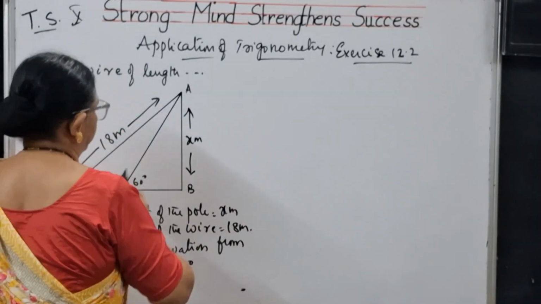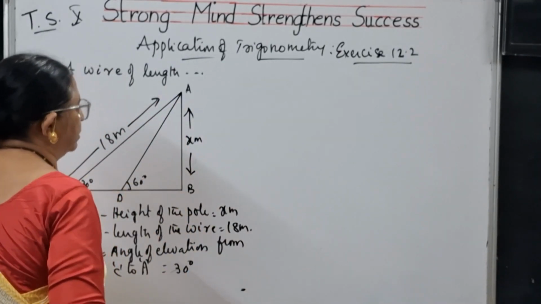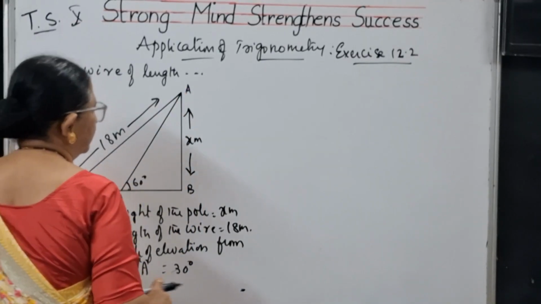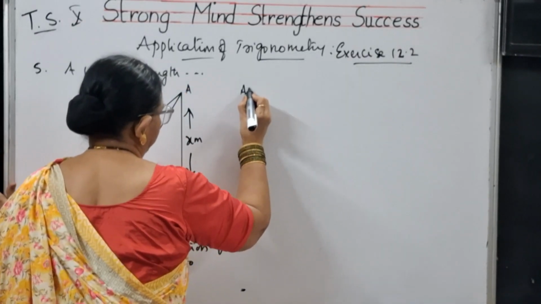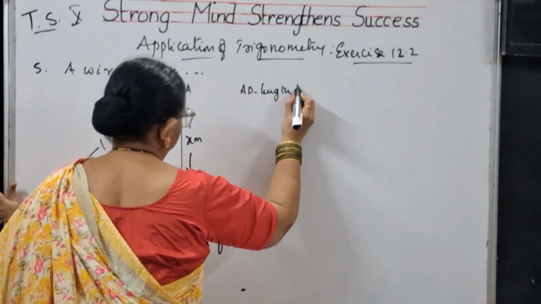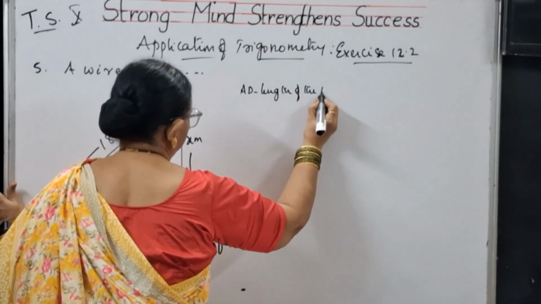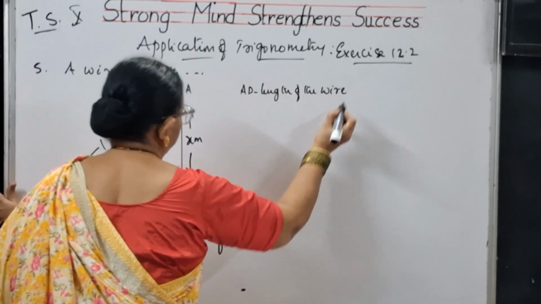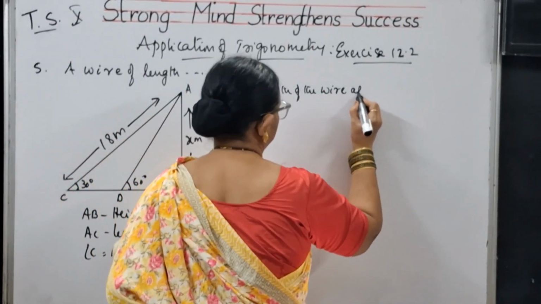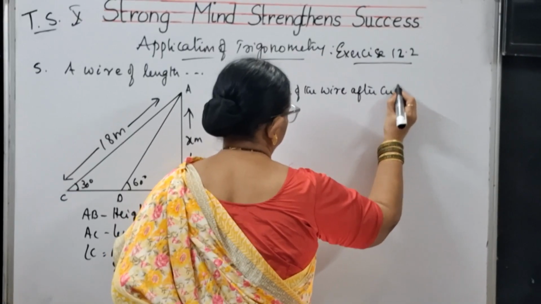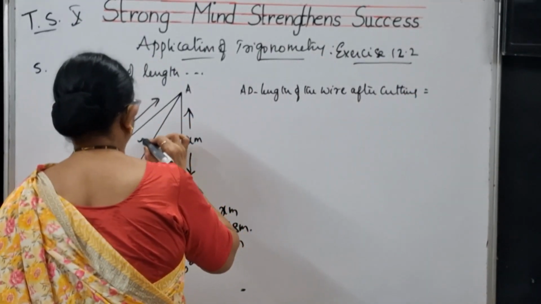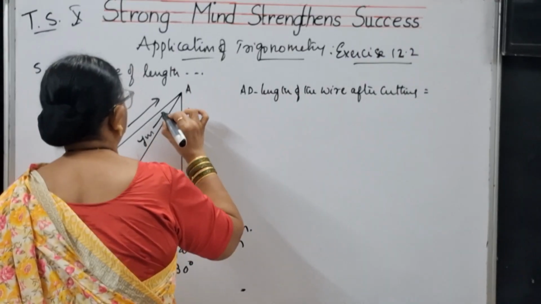They have cut a part so that AD is the length of the wire after cutting. Let me call this length as y meters.